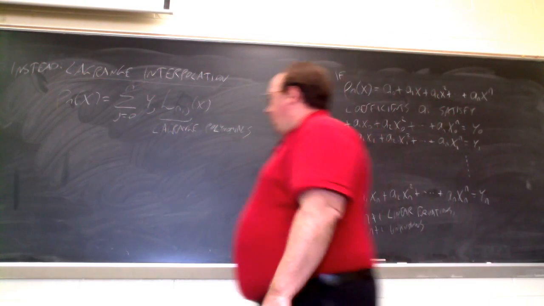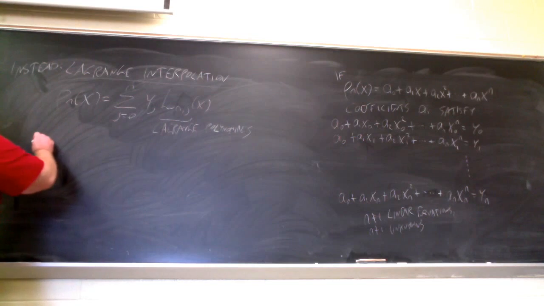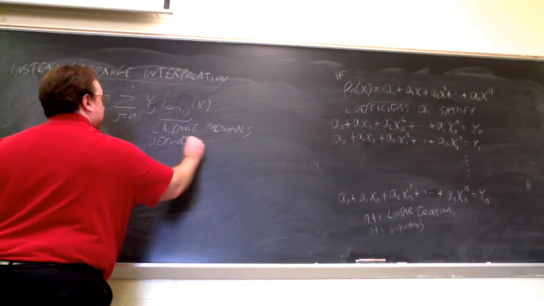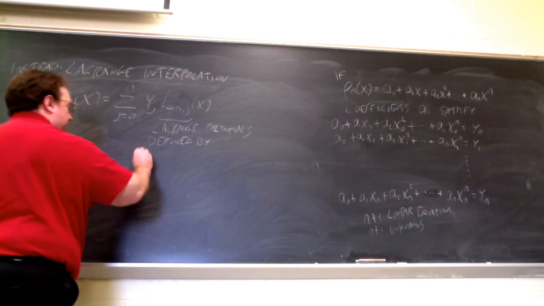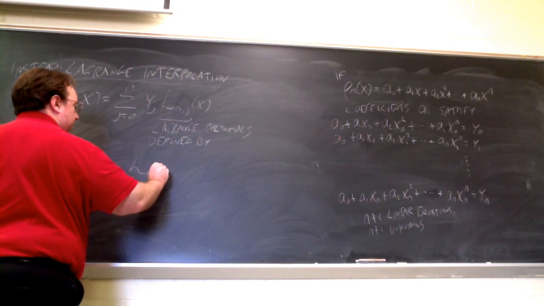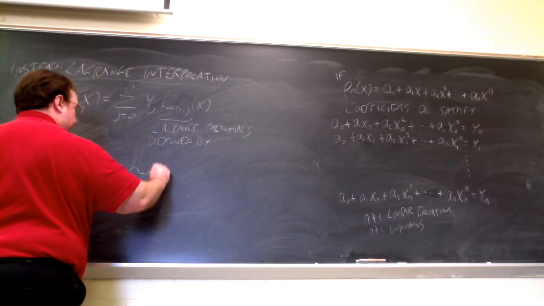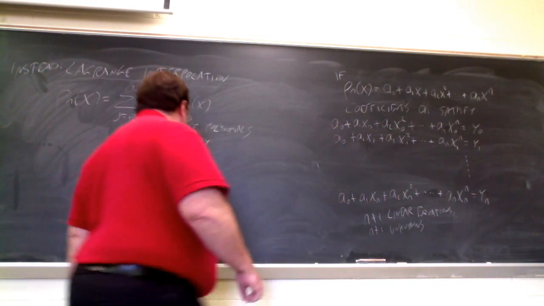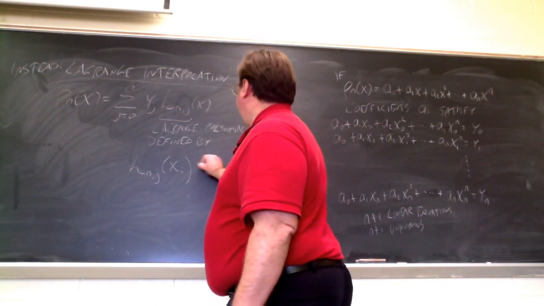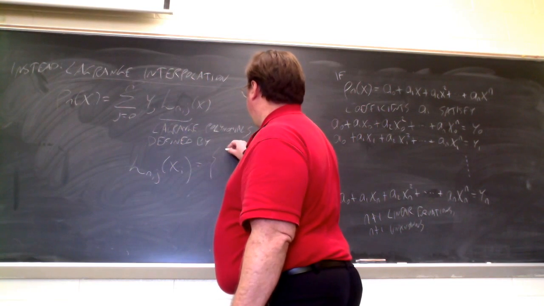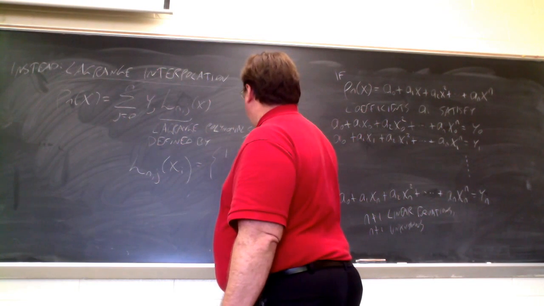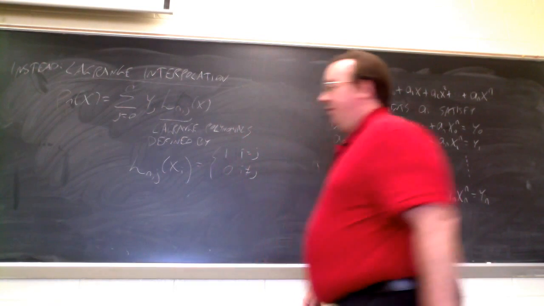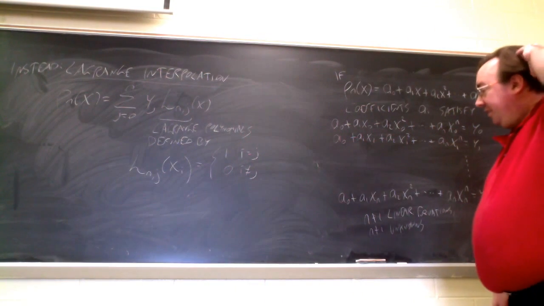So the way the Lagrange polynomials are defined, each of these polynomials, when I plug in an x value, must be equal to 1 if i equals j and 0 otherwise.